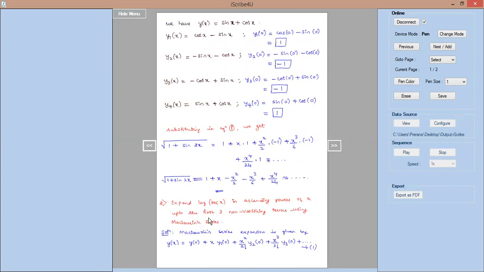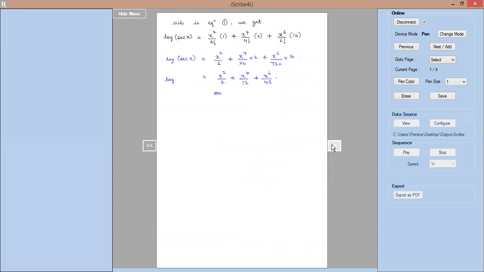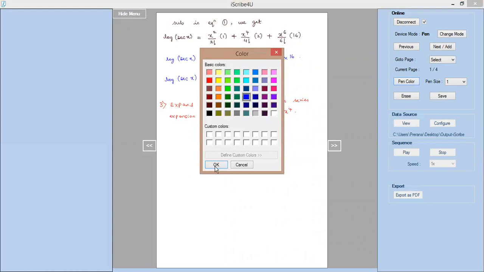Instead of saying first 3 non-vanishing terms, they can also mention that you have to obtain the expansion up to x power 6, because we saw that up to x power 6 only we had those 3 non-vanishing terms. In the same way, given this question, they can ask up to the term containing x power 4. So we'll just do the solution for this.